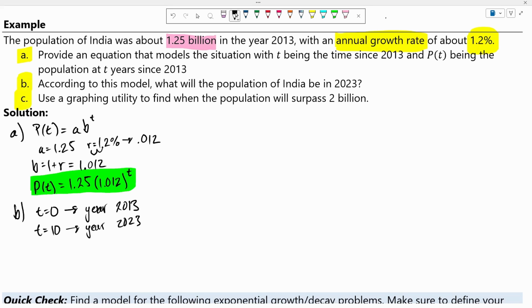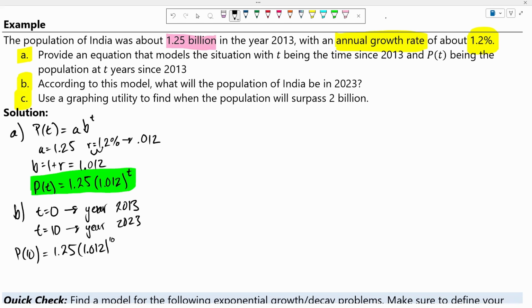That's 10 years later, right? That's it. Now, at this point, it's plug and chug. So we need P of 10: 1.25 times 1.012 to the 10 power, okay?